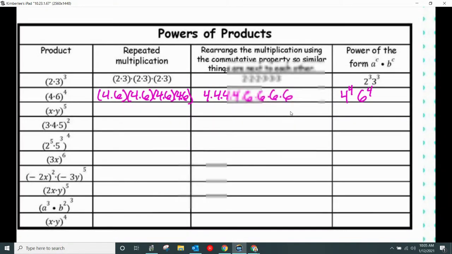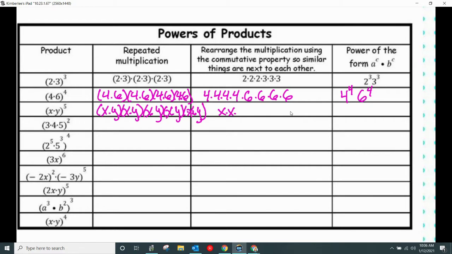Okay, so x times y to the fifth is really x times y. So I can get all these in here. x times y, x times y, x times y, x times y. Whoops. I get 5: 1, 2, 3, 4, 5. Well, that's really x times x times x times x times x. I'm just rearranging my stuff here, times y. And I am dropping the parentheses because I'm putting dots now instead of parentheses that mean multiplication.